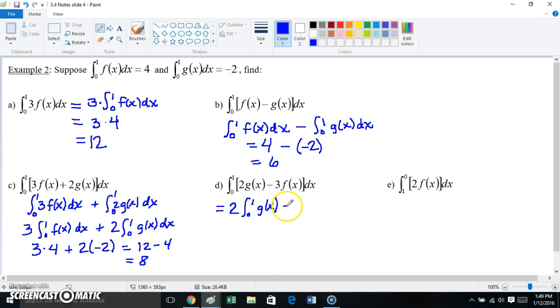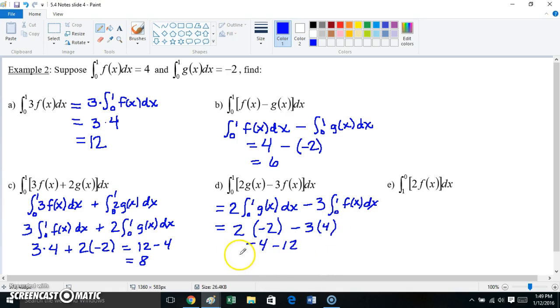So we're going to have 2 times the integral of g of x dx from 0 to 1 minus 3 times the integral of f of x dx from 0 to 1. Evaluating for the known values of those integrals, we get 2 times negative 2 minus 3 times 4. That's negative 4 minus 12, or negative 16.